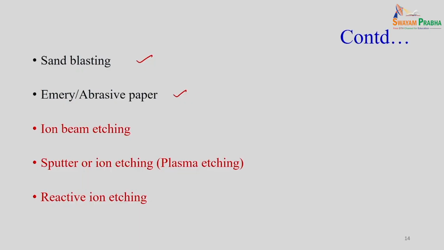Apart from these very simple physical methods, we can also apply ion beams. We can apply sputter or ion etching, or you can say we can apply plasma for the etching, or you can apply reactive ions for the etching.